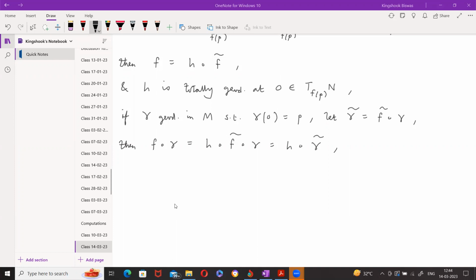So since gamma is a geodesic, what do I get?